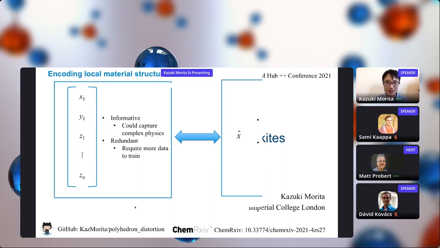Kazuki, I don't know if you're aware, but a lot of people are saying in the chat that your screen share seems a bit distorted. On my screen, we've got your slides in the middle, and then there's a remainder of the original title page around the outside of it. Could you try doing the screen share again? Okay.